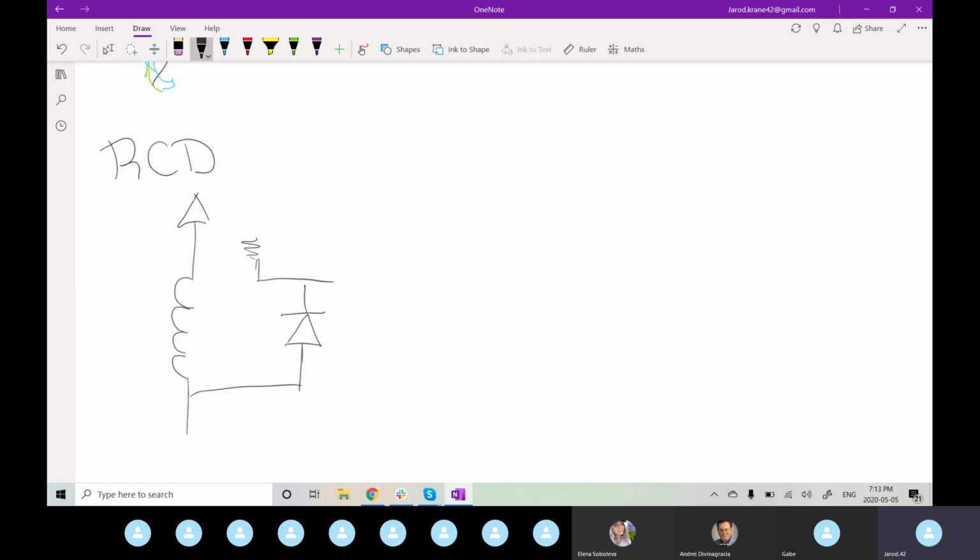Again, you have your diode in parallel, and then you also have your resistor capacitor in parallel. So it functions the same as the others. When you want it, current flows, otherwise through the system.